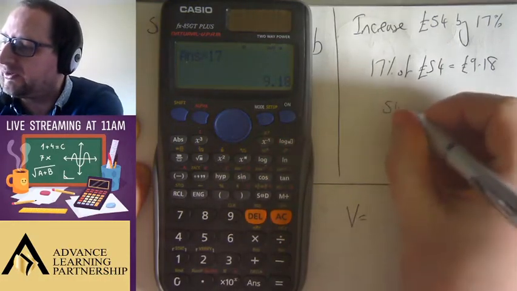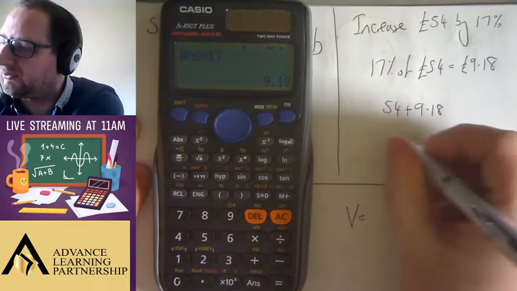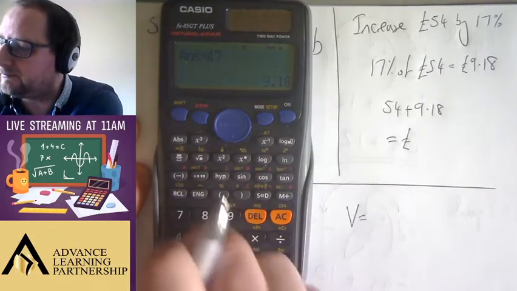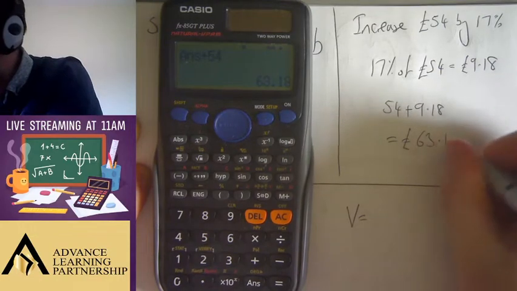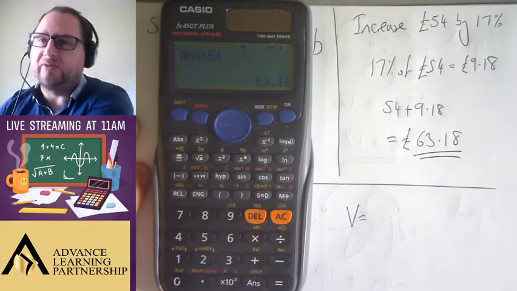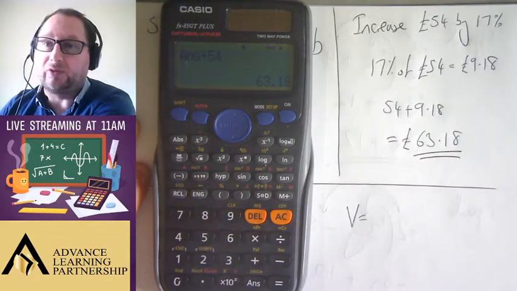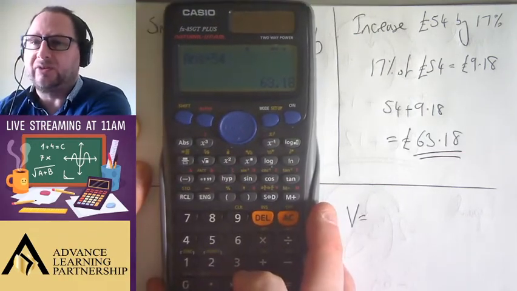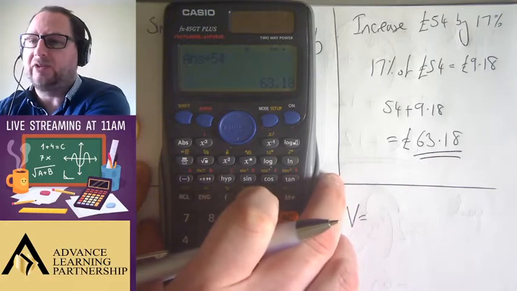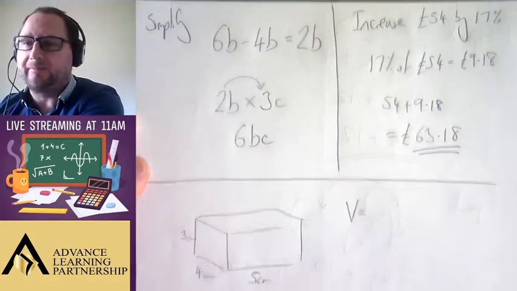This is an increased question, so I now add those together and that gives me 63.18. As I say, there are a number of ways of doing that with 117%. If you know that method, stick with it using the multiplier, but because this is a foundation set of questions, I'm going to stick with that method if that's okay.